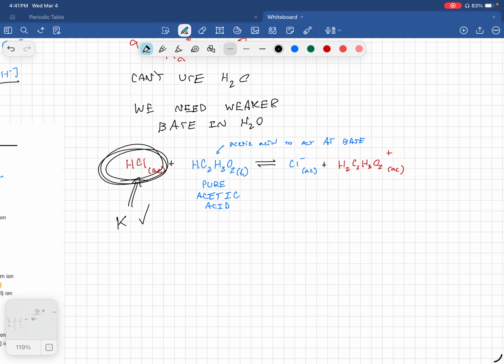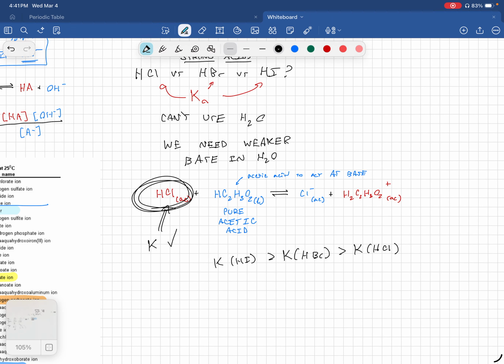And in fact, we would find that the K value for HI will be the highest, followed by HBr, followed by HCl, which matches up with bond dissociation energies and what we know about the strength of bonds for these diatomic heteronuclear species.